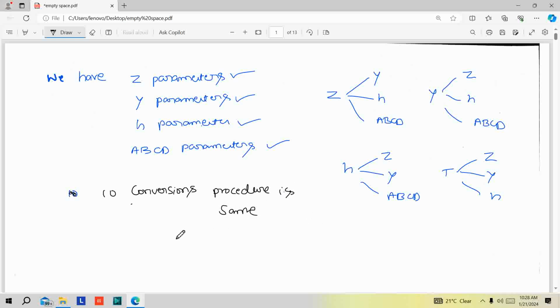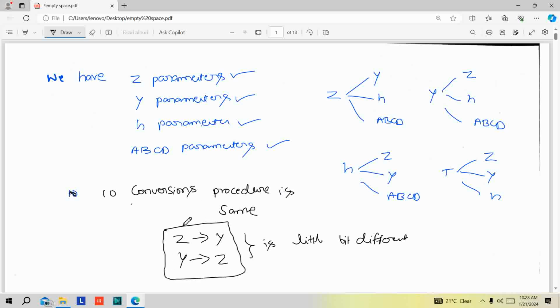Only the conversions between Z parameters and Y parameters are a little bit different, but easy. Today I explain one conversion, which has a similar procedure to the other 9. The Z and Y part I will discuss later.